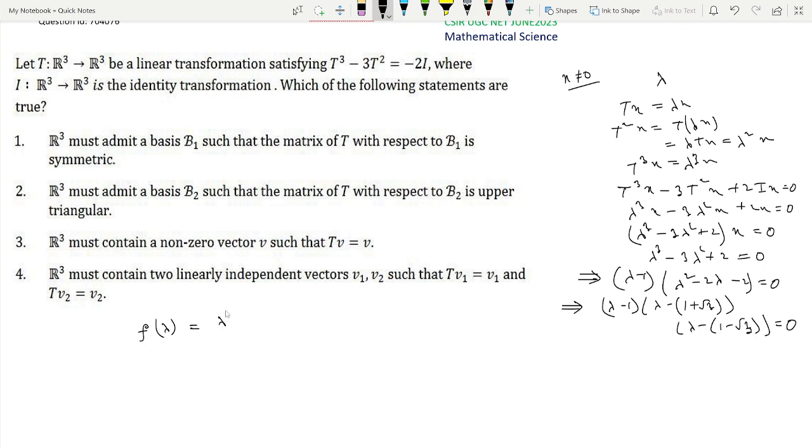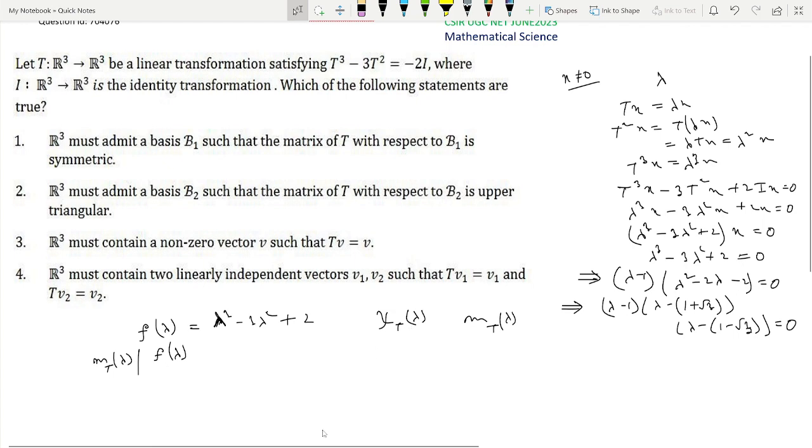This is lambda cube minus 3 lambda square plus 2, and let us denote by chi T lambda the characteristic polynomial of T, and by m T lambda the minimal polynomial of T. Now see, this f lambda annihilates T. So this is an annihilating polynomial of T, and we know that the minimal polynomial divides any annihilating polynomial of T. So we have m T lambda divides this f lambda.